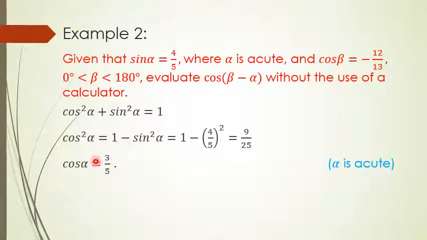Then taking the square root and remembering that alpha is acute, it's in the first quadrant, which means cos alpha is positive. So cos alpha equals the square root of 9 over 25, which is 3 over 5.